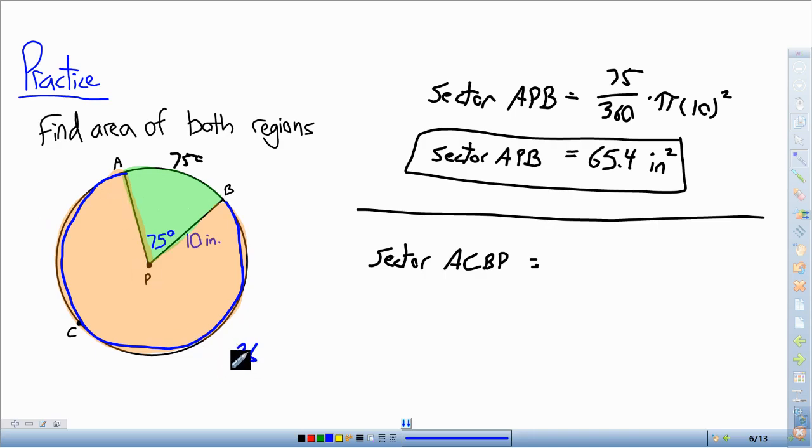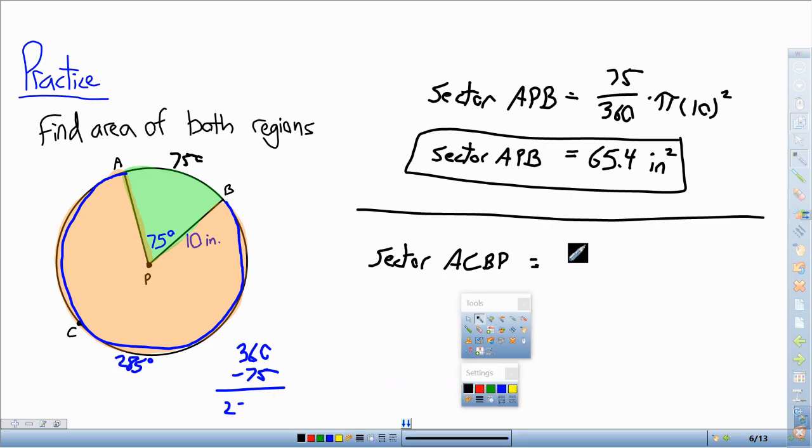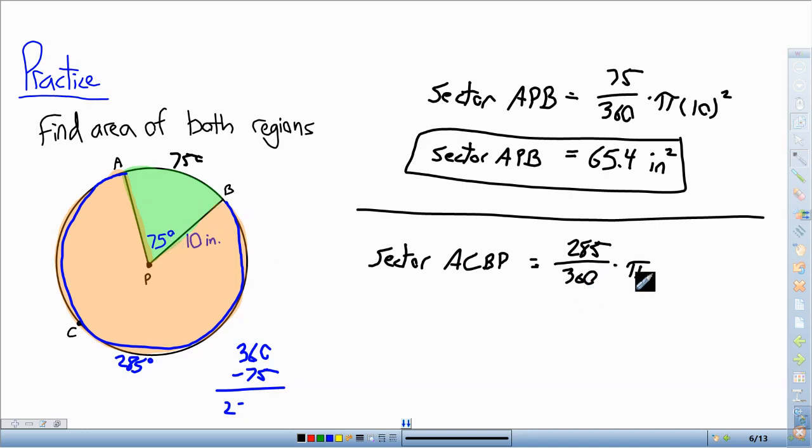Well, I know the whole circle is 360, so I can subtract 75, and I can get what that is. So let's see, 360. I don't want to mess this up. Minus 75, 285. Okay, so 285 degrees, and there it is. So 285 divided by 360 times pi, and the radius is still 10 squared.